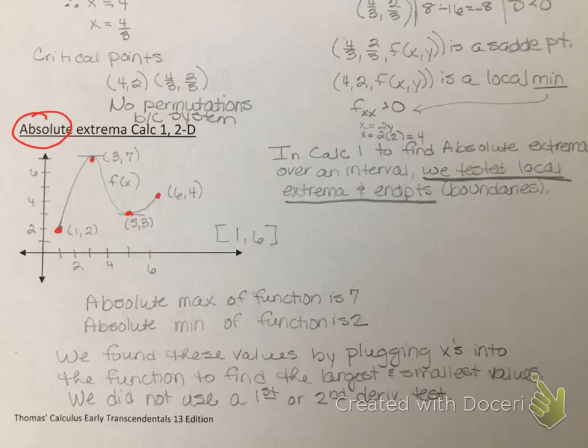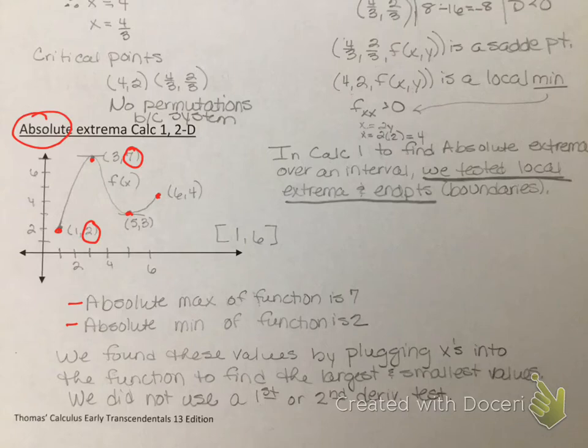In this particular function, based on the domain of 1 to 6 inclusive, the absolute max of the function, the y values in other words, would be an absolute max of 7 and an absolute min of 2.